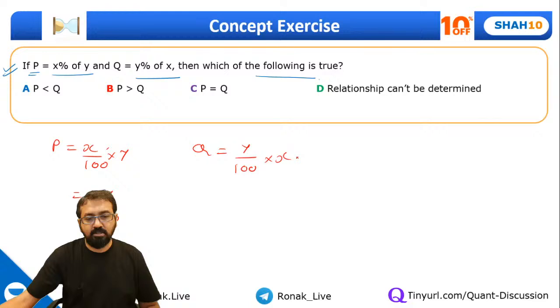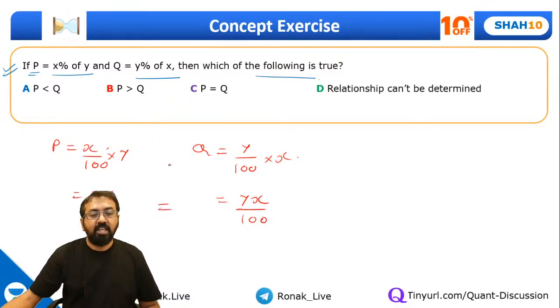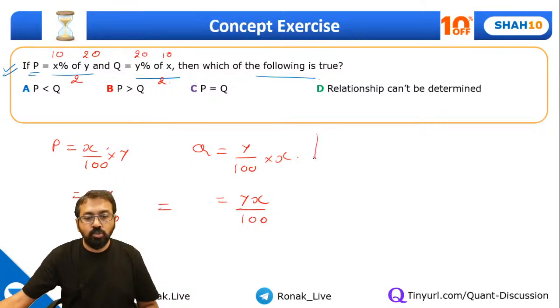So this is nothing but yx upon 100. Can I say both of these are same? In fact, if you want, you can also take the value of x as 10 and y as 20. So what is 10% of 20? It's nothing but 2. Same way, what is 20% of 10? Again, it is 2. So both will come out to be the same. So the answer for this one will be option C.